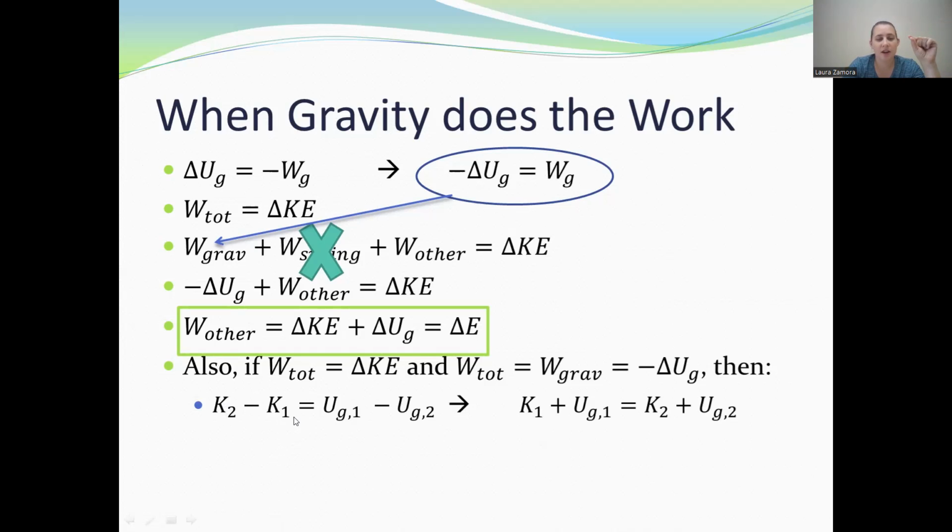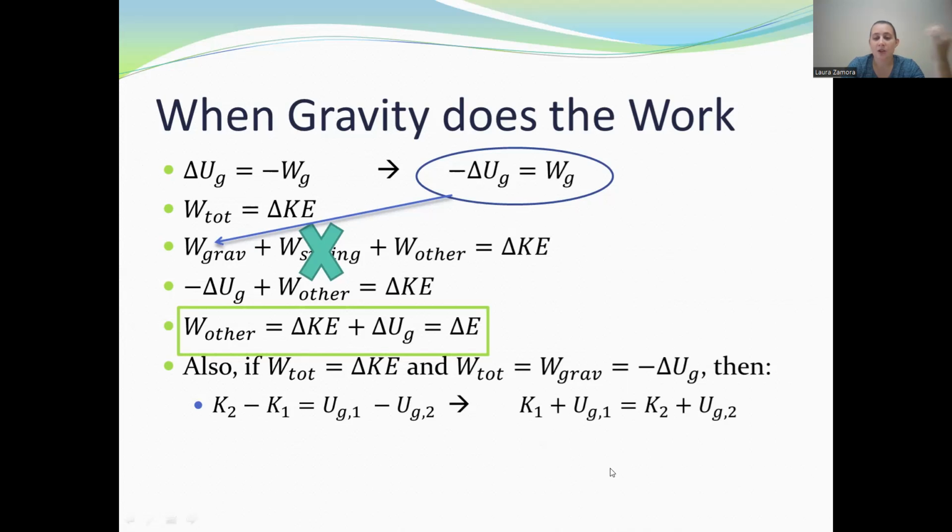So the change in kinetic energy, K2 minus K1, equals the negative change in potential energy, U1 minus U2. Notice that these subscripts are switched, right? Kinetic energy here is final minus initial, that's the change in kinetic energy. But here they're flipped because of that negative sign.